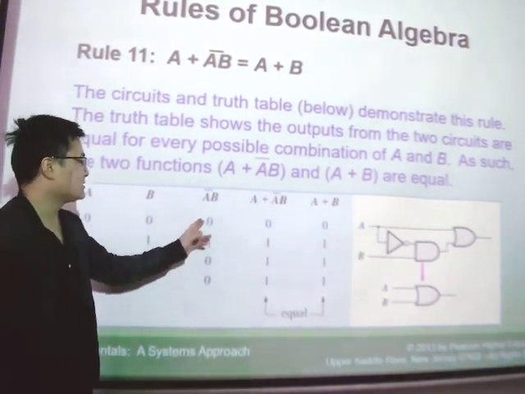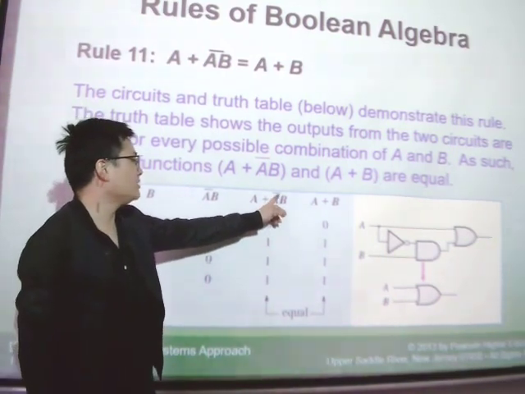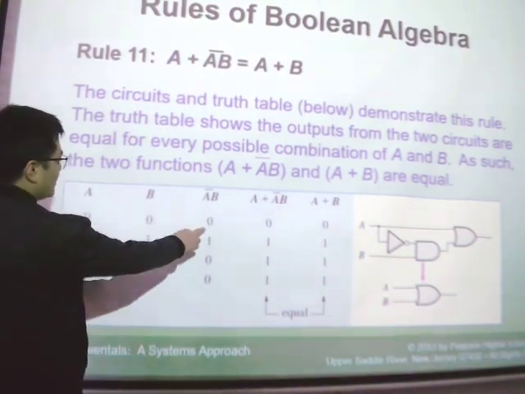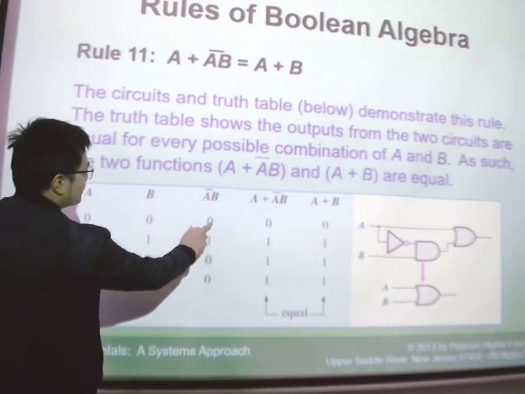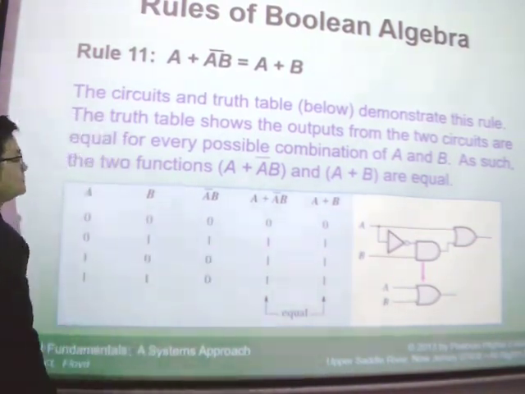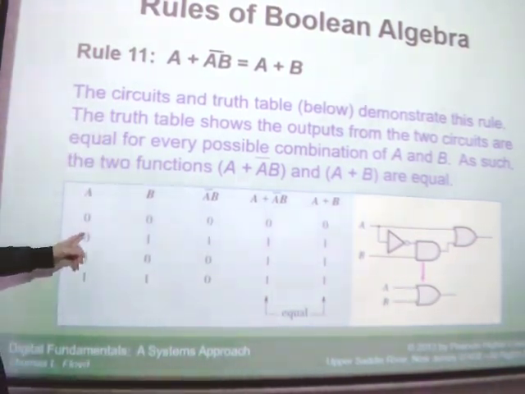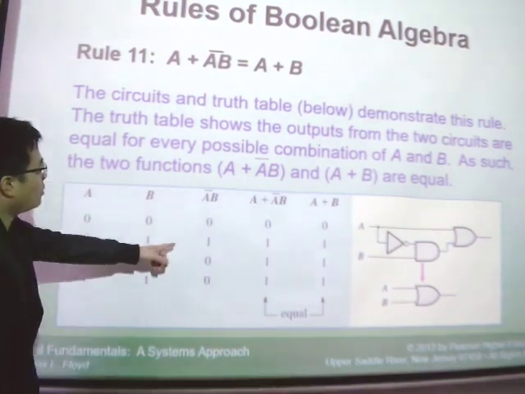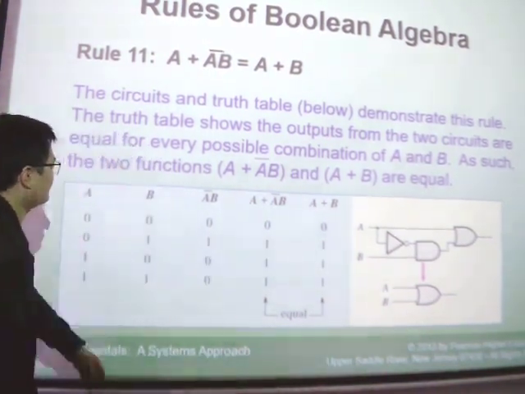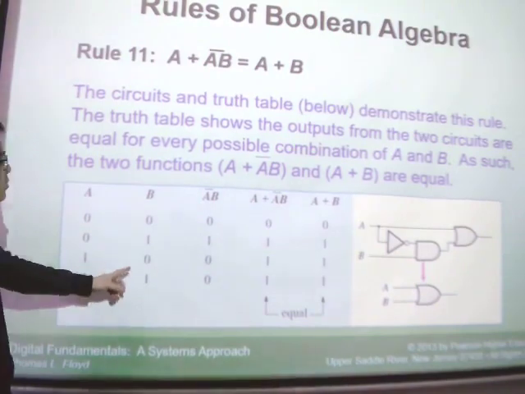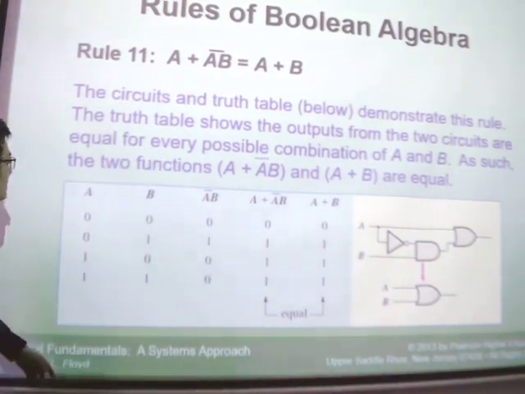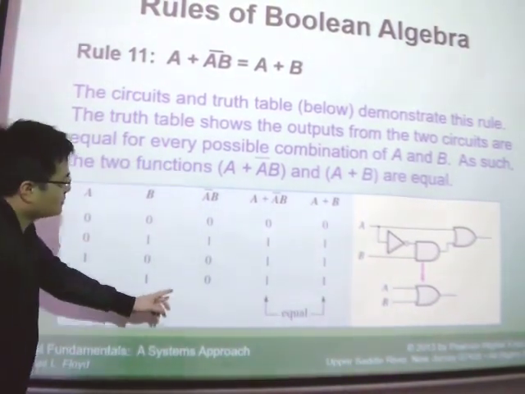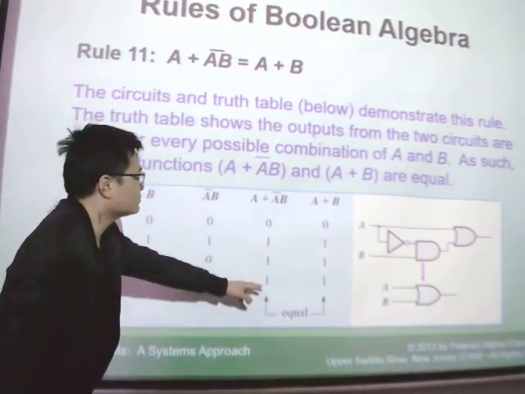So then A or (A over bar and B): 0 or 0 equals 0, right? Then 0 or 1 equals 1. 1 or 0 equals 1. 1 or 0 equals 1. Yes.